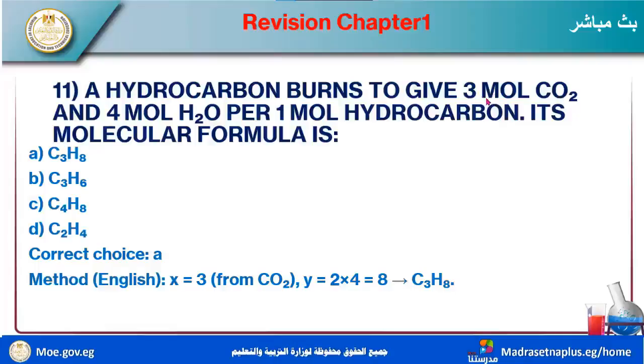The components are 3 C and 8 H, because a hydrocarbon consists of C and H. C is 3, so C3. Oxygen we don't care about here. 4 times 2 is 8. So the formula is C3H8.